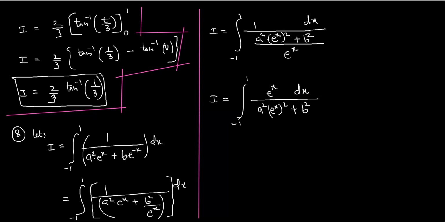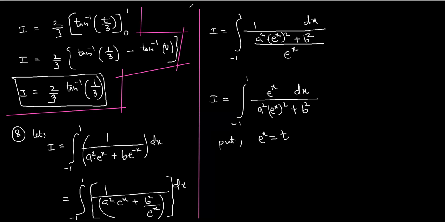That will always happen. It has been happening and it will keep happening. And the few times when it does not happen, the problems are so obvious that we will know what is to be done. So here I write: put e raised to x equals t.